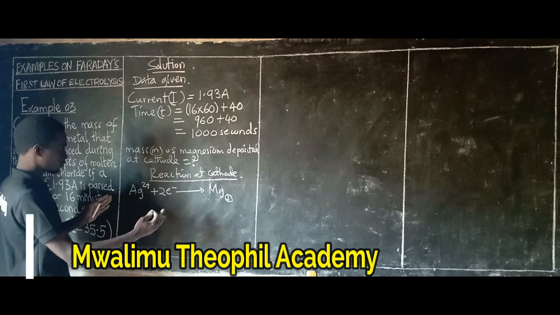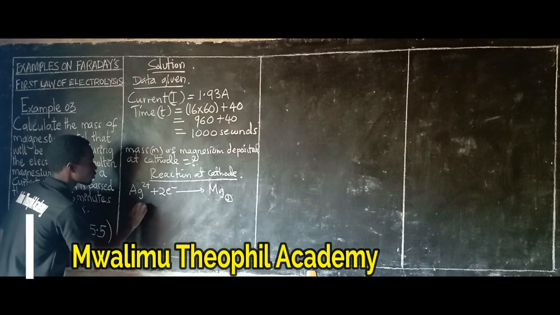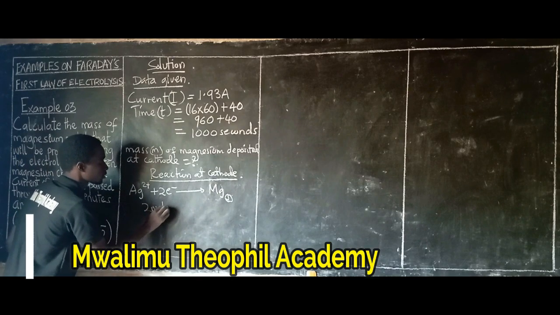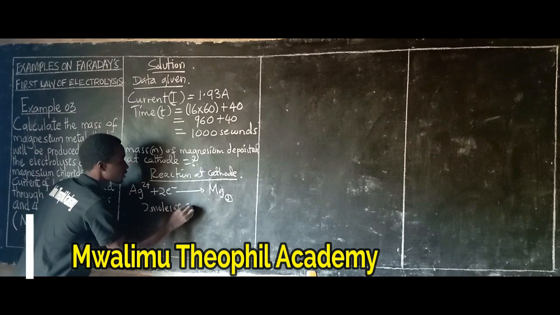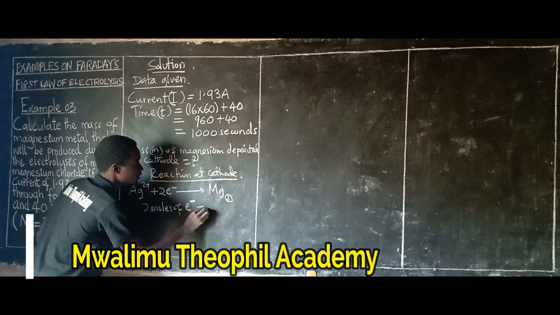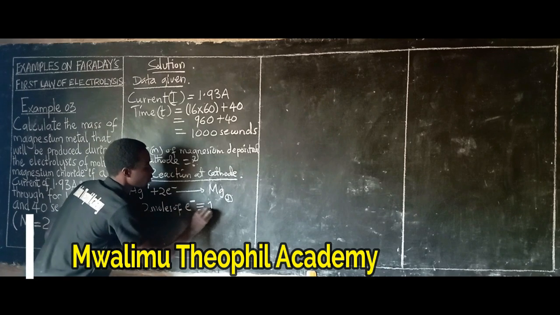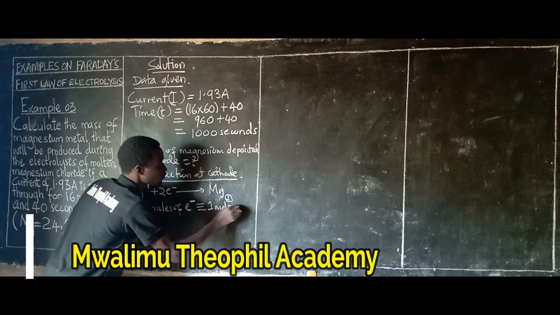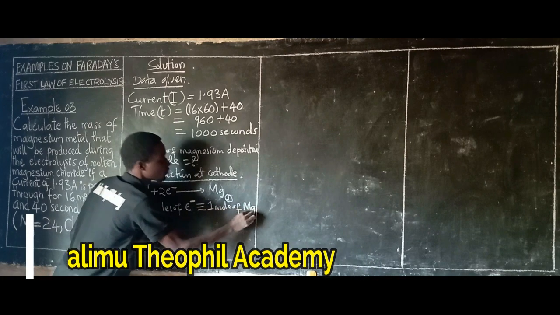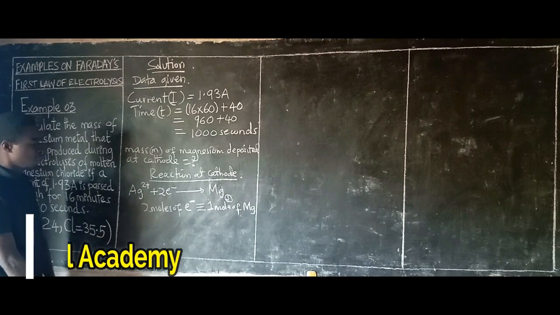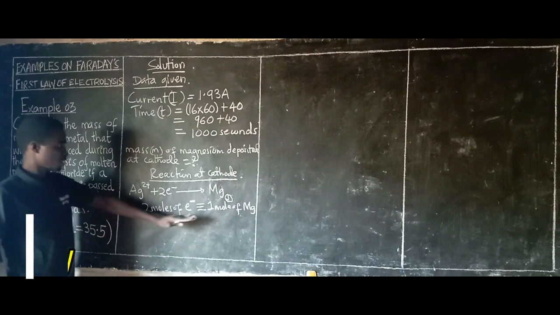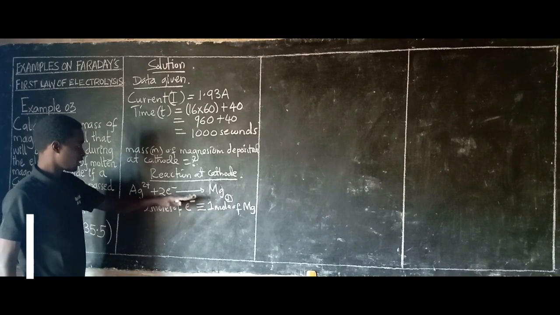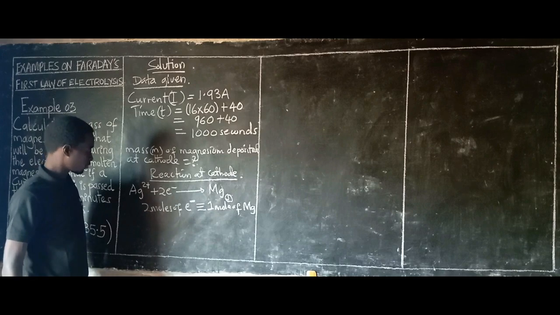Now, from this equation, 2 moles of electrons are required so as to deposit 1 mole of magnesium. Now, these are the details from the standard balanced chemical equation.